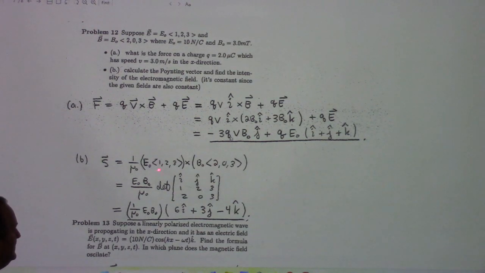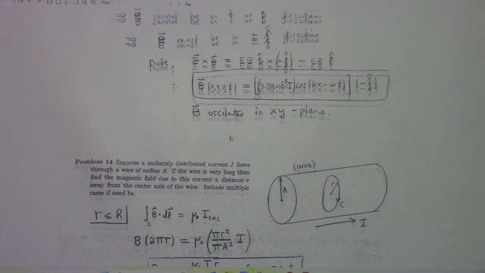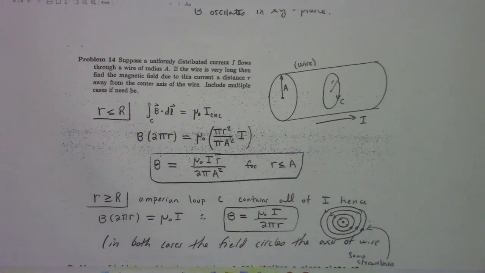So I do E cross B to give me the Poynting vector, and you also have to multiply by 1 over mu naught. That's the definition of it. And so it works out to be that. Great. And then you can also talk about propagating electromagnetic waves, but that's a story for another day.